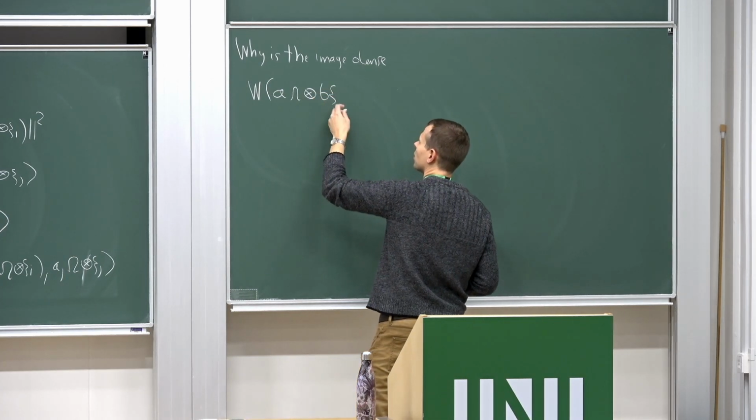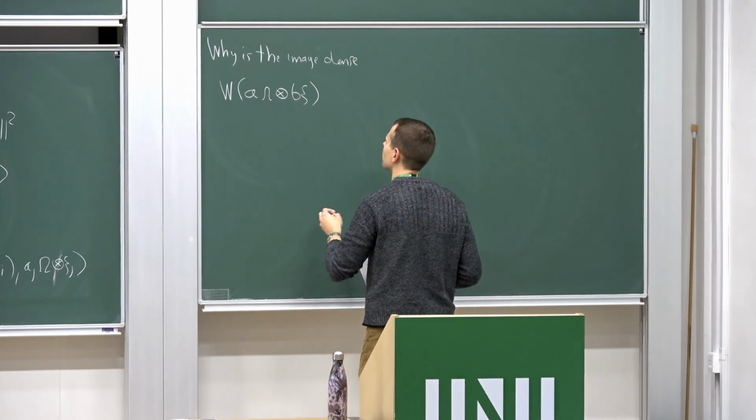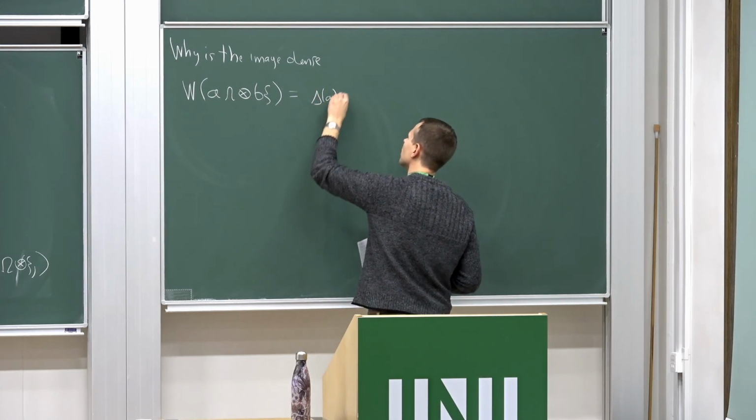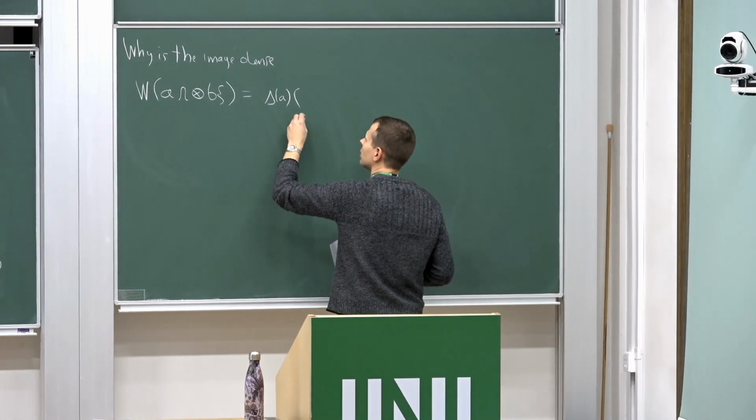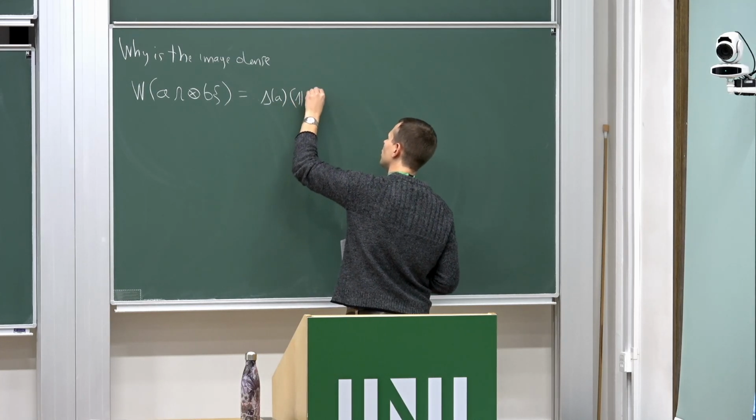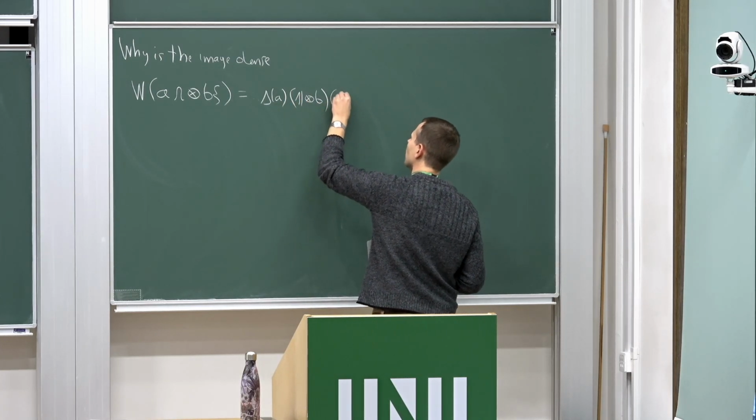We can act on psi by some other element, so it is delta of A times 1 tensor B acting on omega tensor psi.